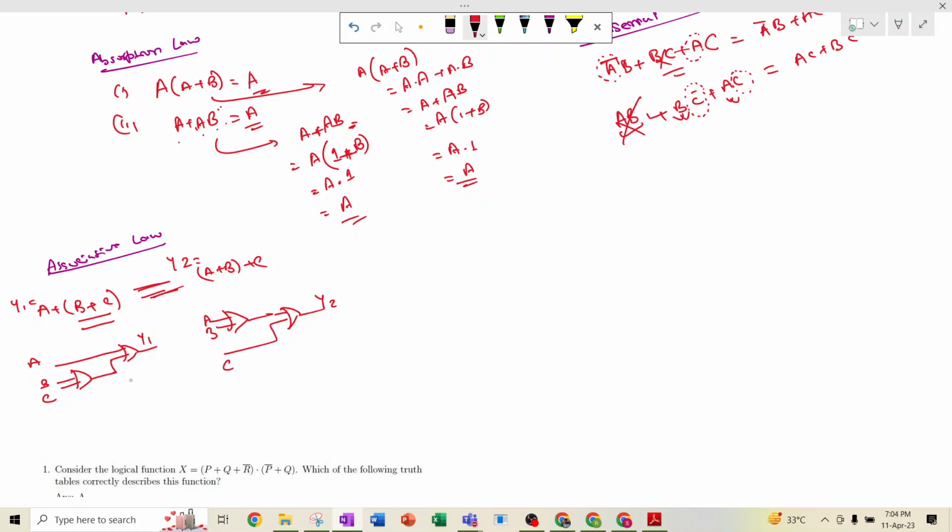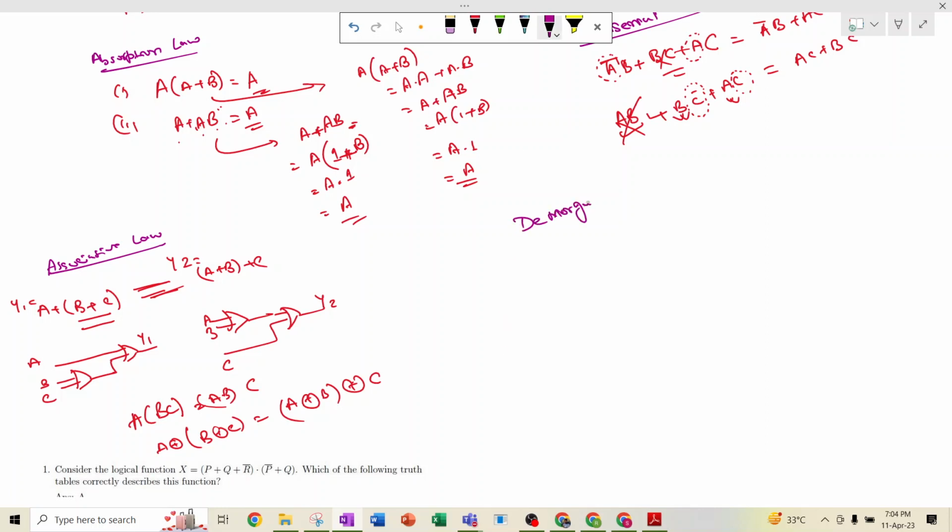So this is one thing. Similar is the thing for the AND gate: a into bc, we can do ab then c. Similarly for the XOR gate, if we do b XOR c first, or a XOR b first, nothing will matter, the answer will remain the same.